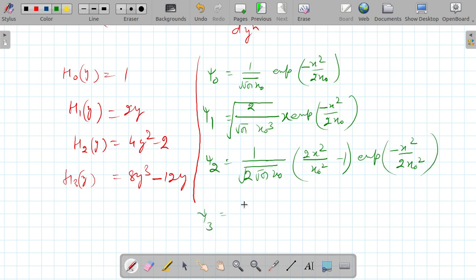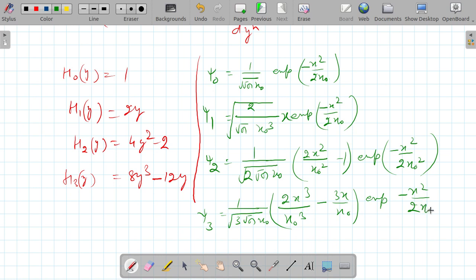And psi 3 can be written as 1 over 3 root pi x naught, whole under the root, into 2x cube over x naught cube minus 3x over x naught, into exponential of minus x square over 2 x naught square.